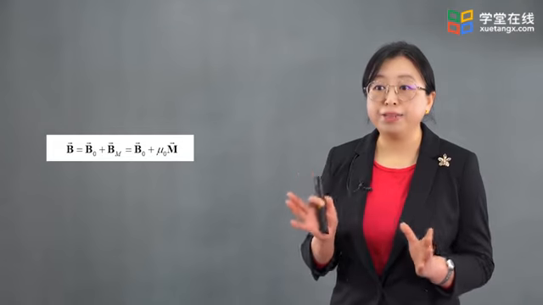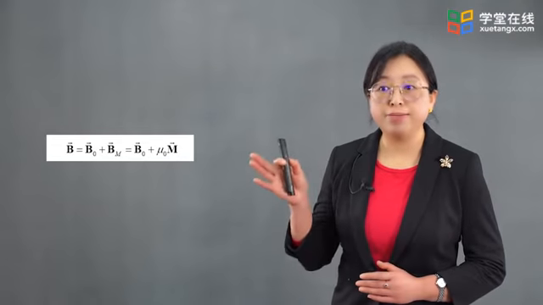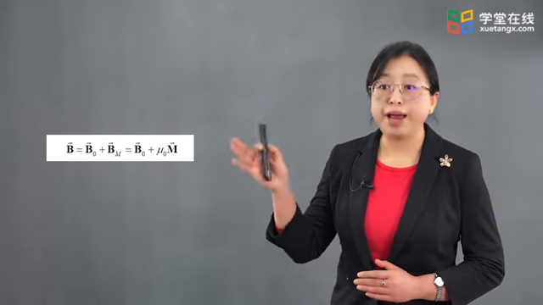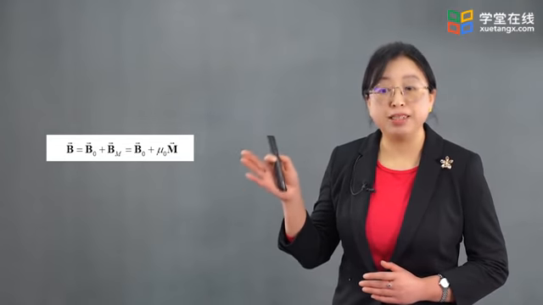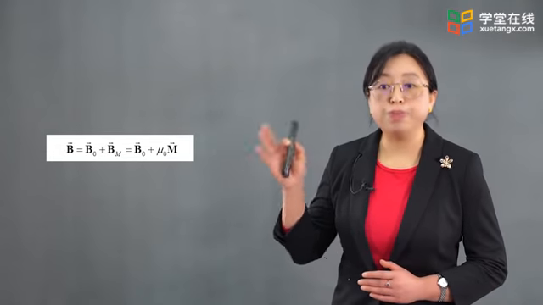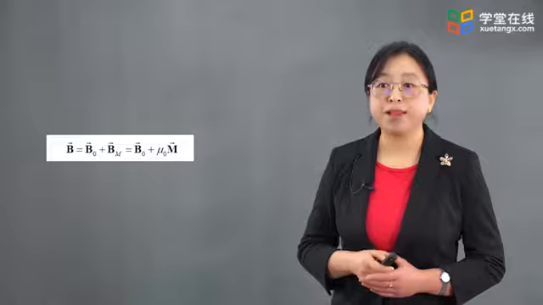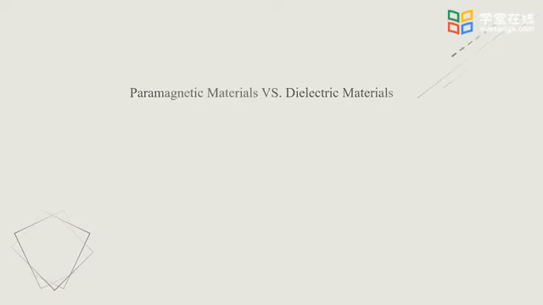The total magnetic field B should be the vector sum of these two fields, where Bm is a field due to the magnetization of the permanent dipoles, which is equal to mu0 M. Now let's examine the difference between the behaviors in a paramagnetic material and a dielectric material when applying the external field.